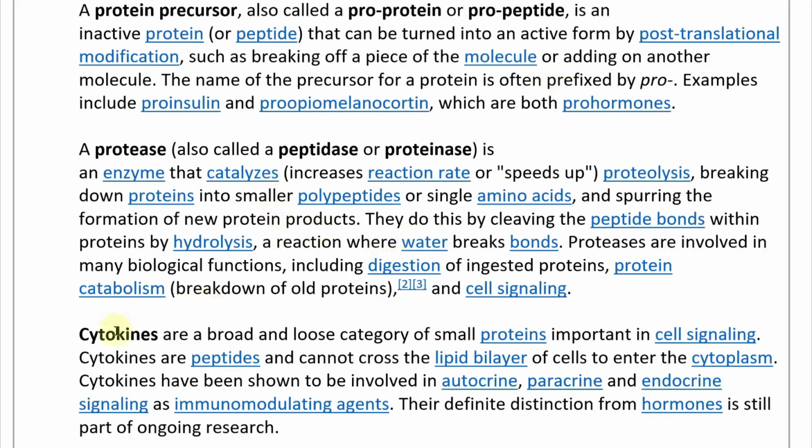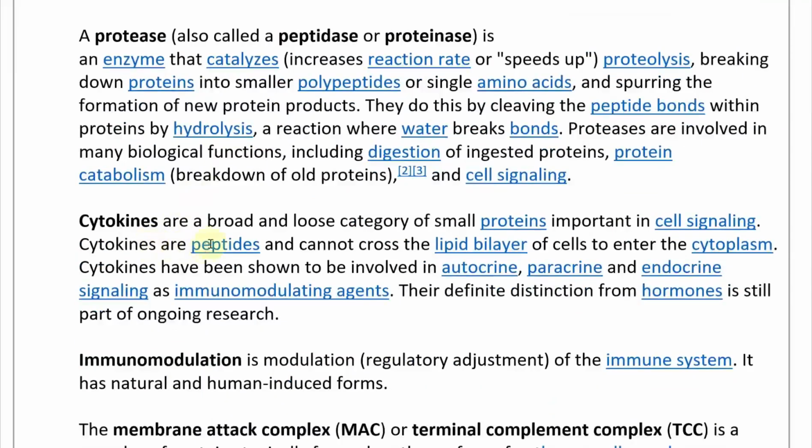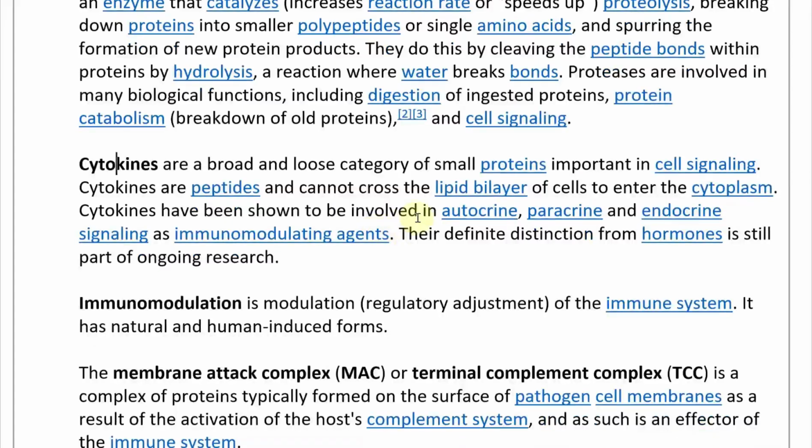All right, and now this cytokines that was mentioned right over here. So when stimulated by one of several triggers, proteases in a system cleave specific proteins to release cytokines and initiate an amplified cascade of further cleavages. So cytokines are a broad and loose category of small proteins important in cell signaling. Cytokines are peptides and cannot cross the lipid bilayer of cells to enter the cytoplasm.